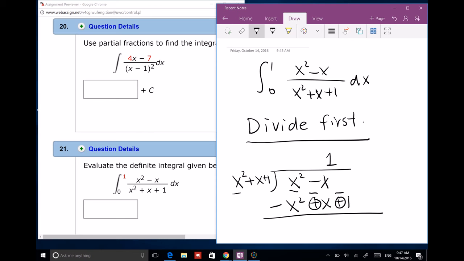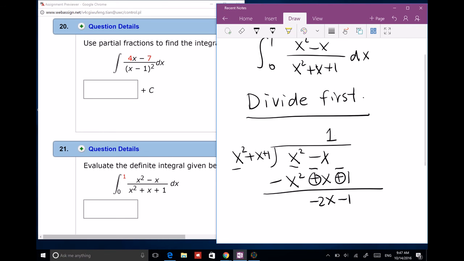So this cancels out. Negative x, negative x, negative 2x, and negative 1. So I just divide it, and I got my answer: the integral from 0 to 1 of 1 minus the remainder, negative 2x minus 1 over x squared plus x plus 1, dx. Does it make sense, everyone?